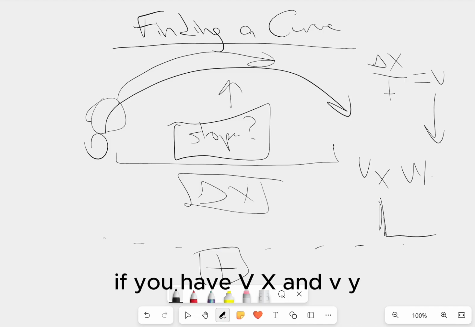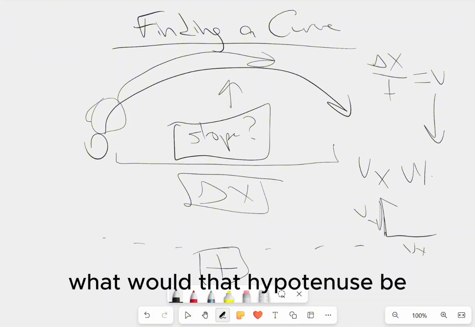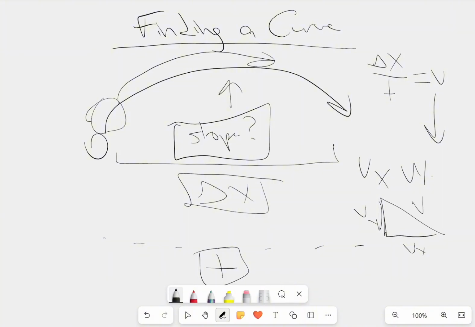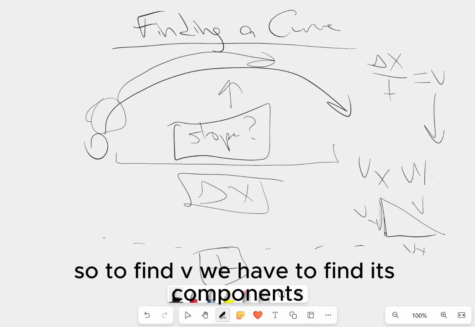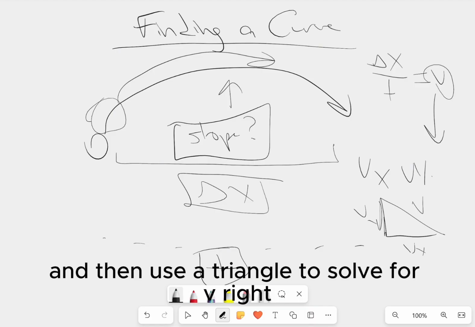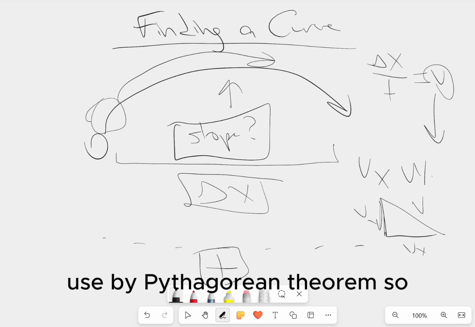Think of it like this, it's a little vector math. If you have vx and vy, what would that hypotenuse be? What would be v? So, to find v, we have to find its components and then use a triangle to solve for v, right? Use the Pythagorean theorem.